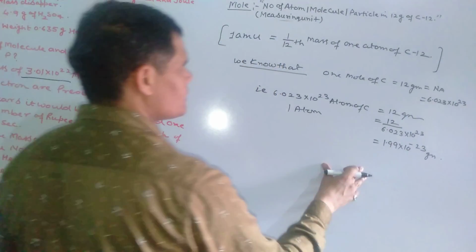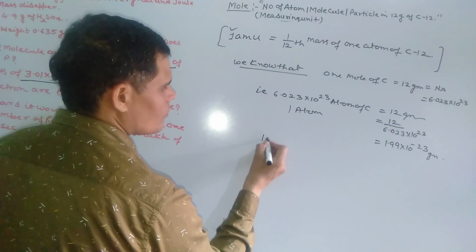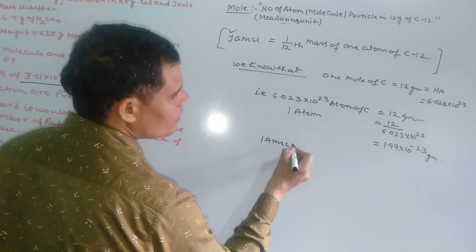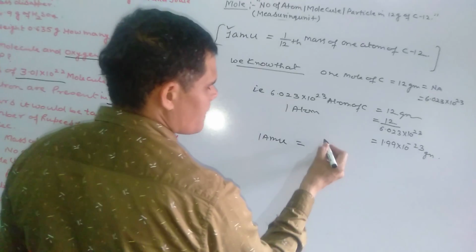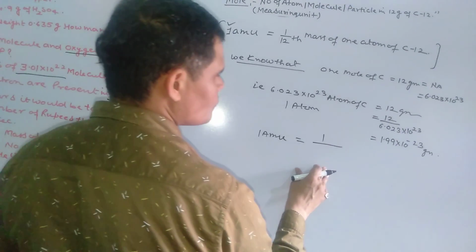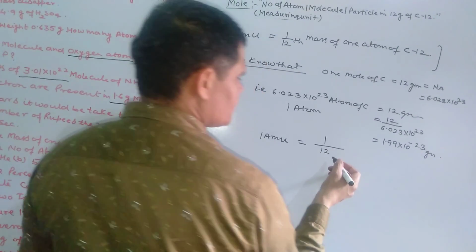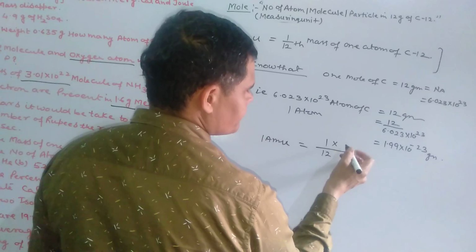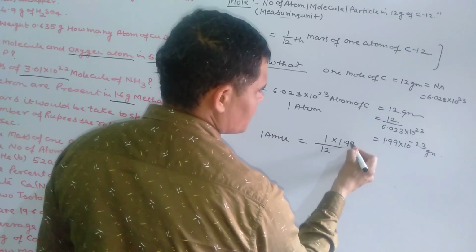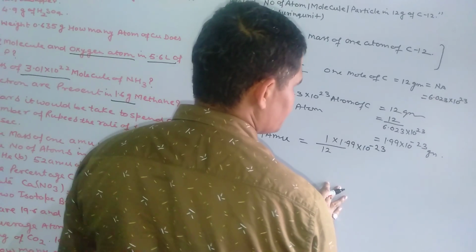minus 23. Then 1 AMU will be equal to 1 upon 12 into 1.99 into 10 to the power minus 23.